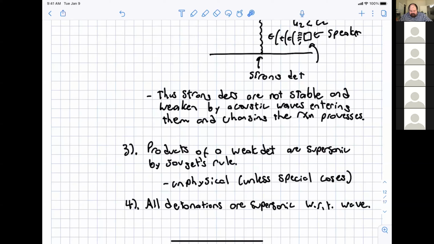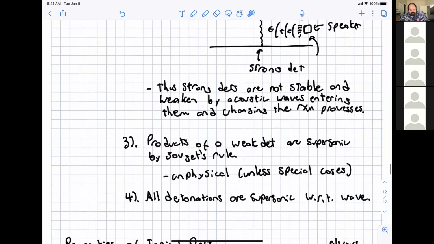Okay, and then the other point is that the products of a weak detonation are supersonic with respect to Jouget's rule. And this is usually unphysical unless there are very special cases that can produce weak detonations, because you can't spontaneously accelerate a flow to supersonic conditions by heat alone.